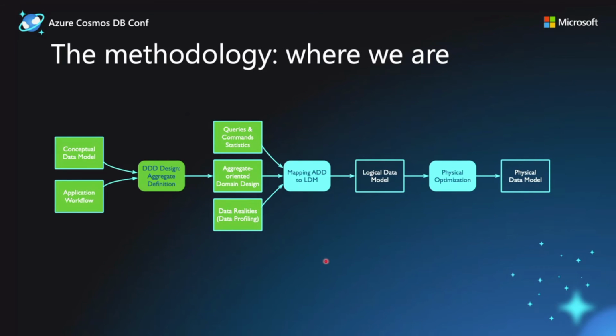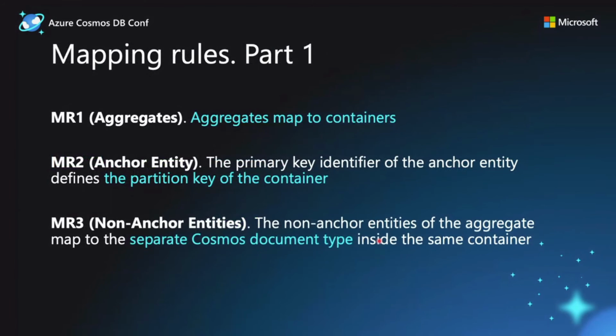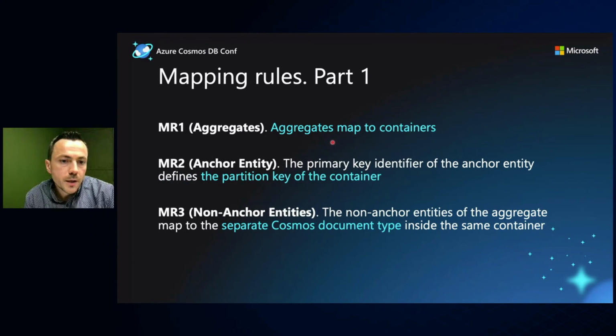All right, so we covered this list of steps. Now one of the most important and interesting parts is how to map those aggregates to the actual data structures in Cosmos DB. I prepared a list of rules for that, so let's review them briefly. First rule: each aggregate maps to one Cosmos DB container.